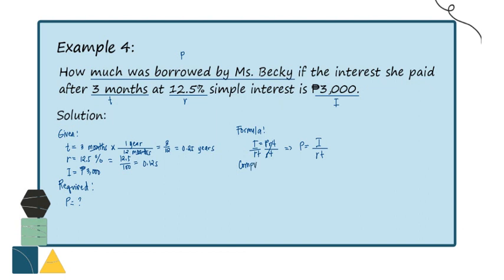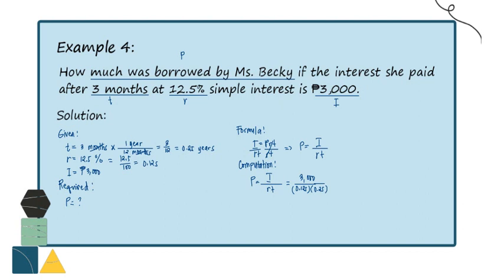Then we could head on to the computation. We make use of that formula that we derived. For I, that would be 3,000. Obviously, we substitute that value. Then our R is 0.125, and our T there is 0.25.